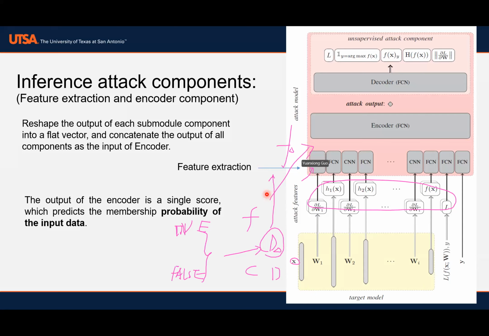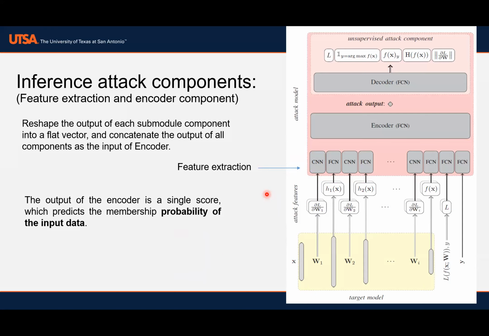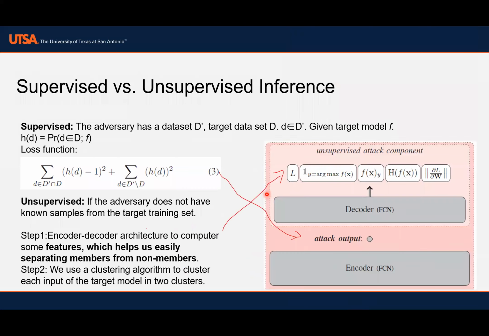For the D data, some of it belongs to D, because it's supervised learning. Can you go to the next slide? So basically they are training the attack model to minimize this loss, right? But this is the supervised one.